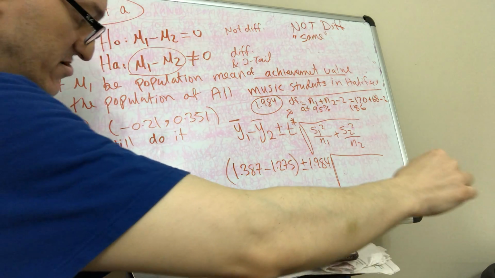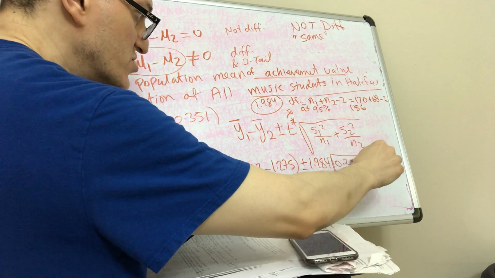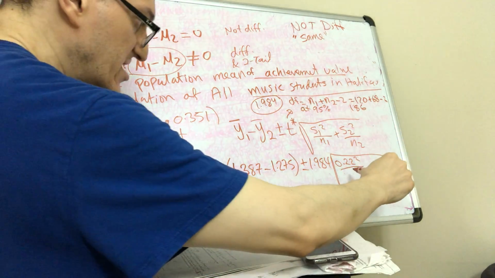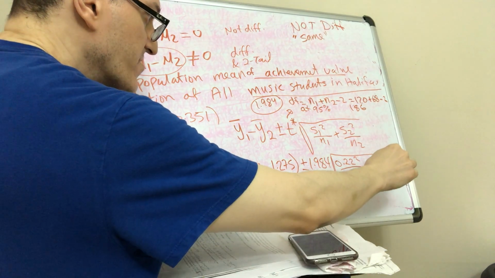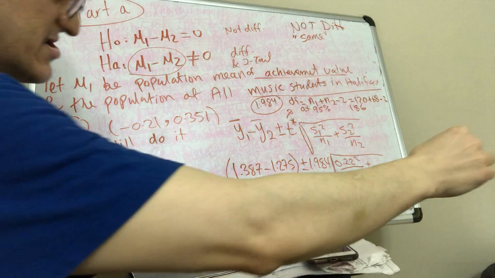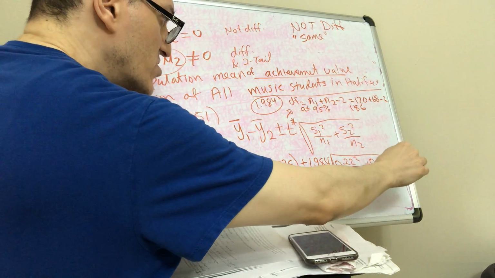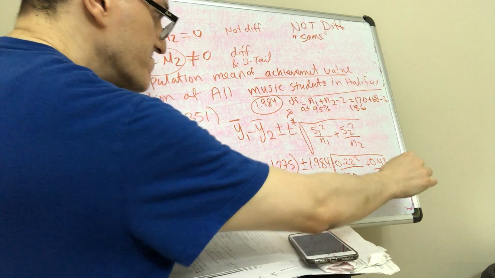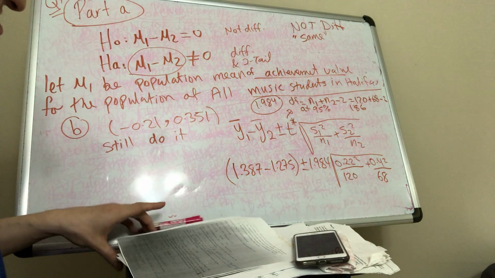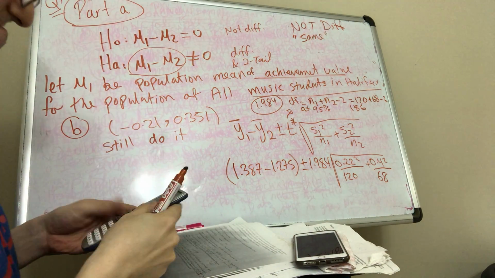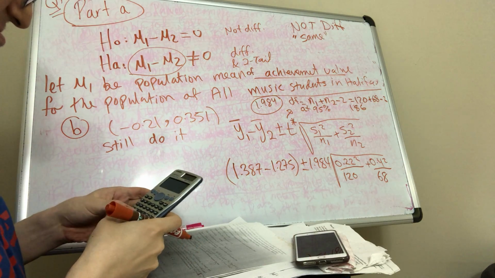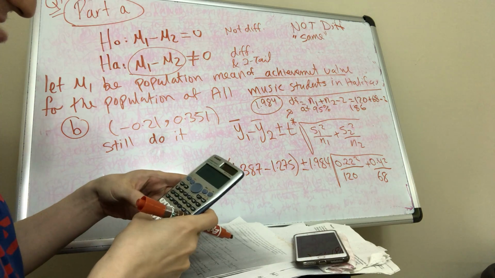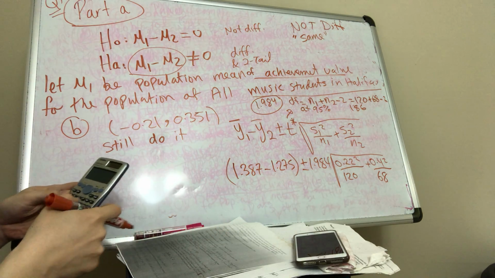The first standard deviation is 0.22 squared over the first sample, 120, and the second standard deviation is 0.4 squared over the second sample, 68. So we do this part first, 1387 minus 1275.